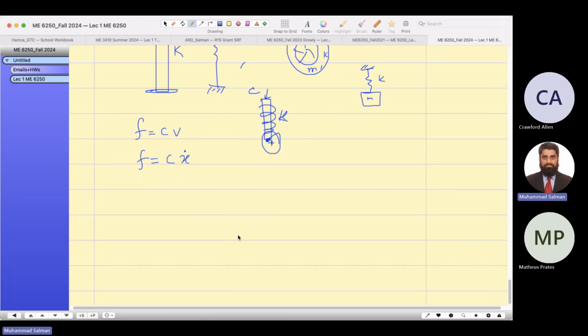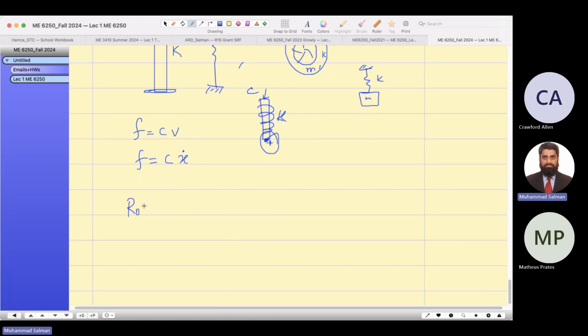And sometimes you see torsional, rotational spring, rotational vibration. Let me check some of the students. They might be asking permission to enter.